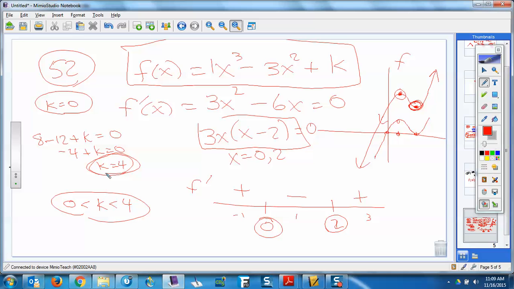So at 0 and at 4, we're going to have 2. When k is between 0 and 4, we're going to have 3. When k is greater than 4, it'll be up here, so we'll only have 1. And when k is less than 0, we're farther down, and then we'll only have 1 also.